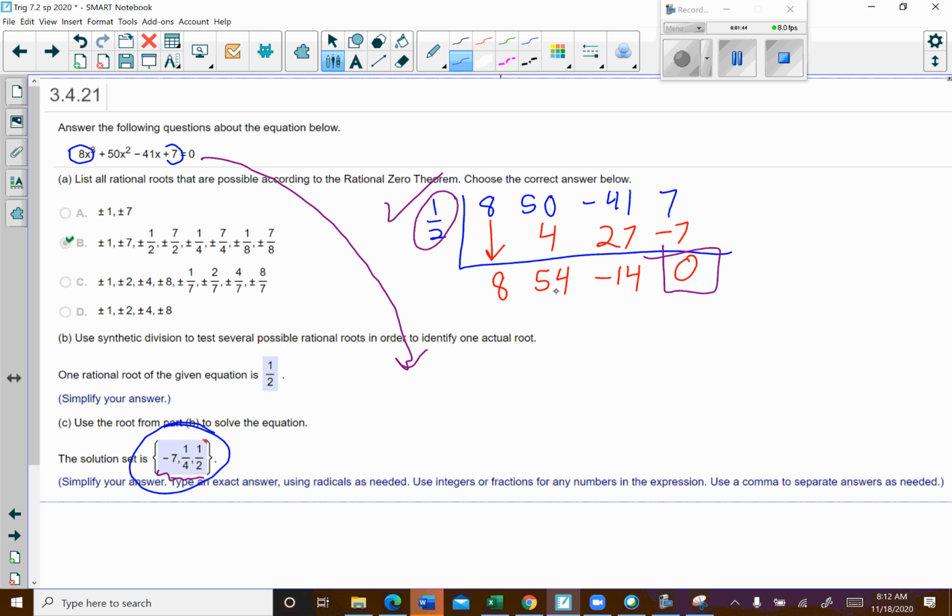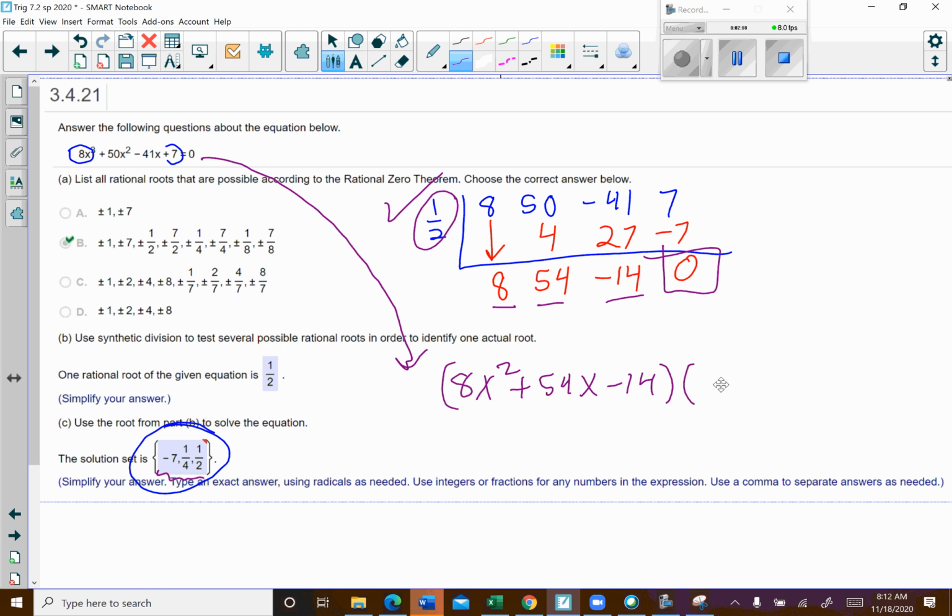So what we have left here is you drop it down by a power. So our x cubed is now, I'm going to put them back with the coefficients here, 8x squared plus 54x minus 14. And what we did was basically that solution we figured out right there, 1/2 x.